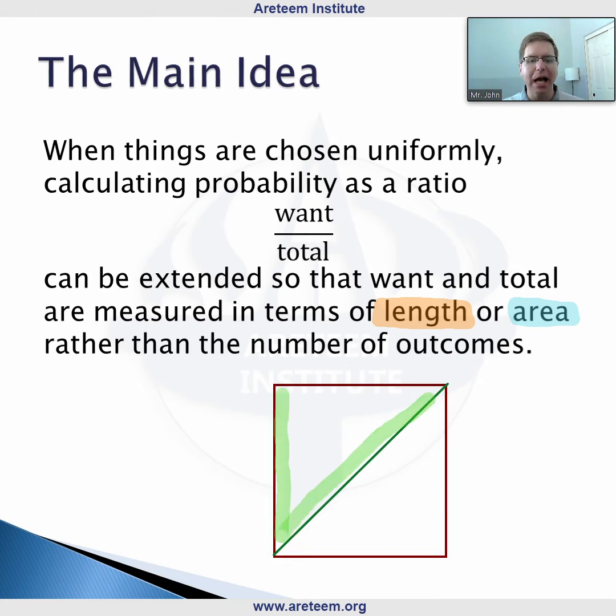Well, pretty obviously you would say, even with the original logic, there are 2 pieces, and we want one of the 2 pieces, so this is a probability of 1/2. But I want you to think about that here in terms of area. The area we want is 1/2 of the total area. And we can do this with length or even volume in advanced cases as well. But this is another important way of calculating probability.